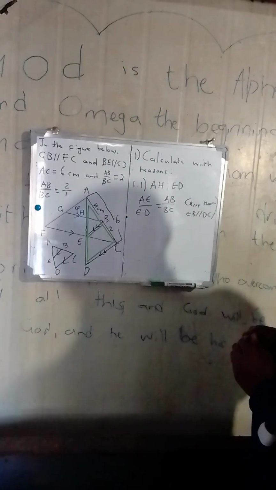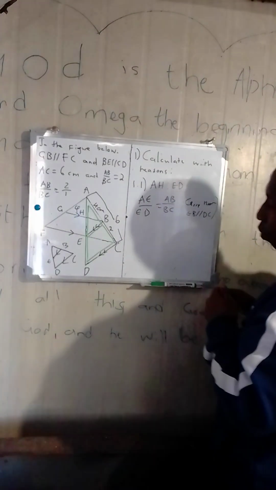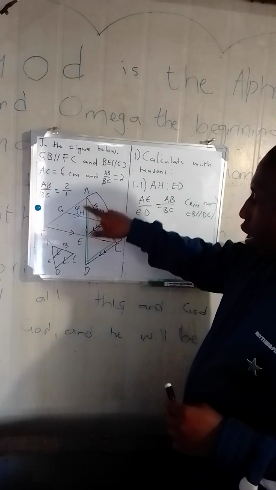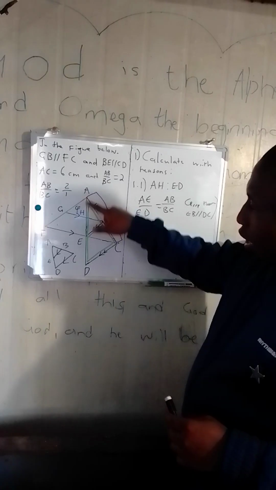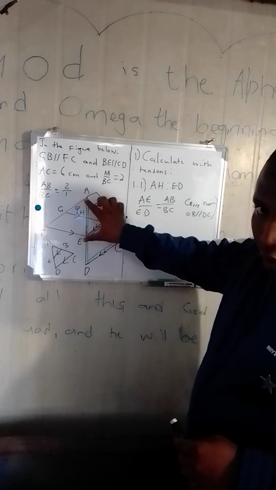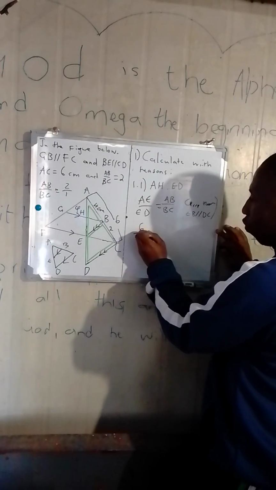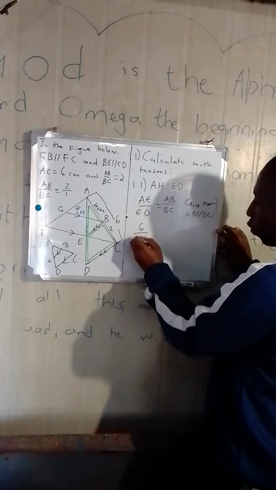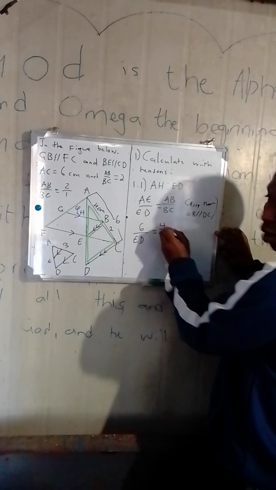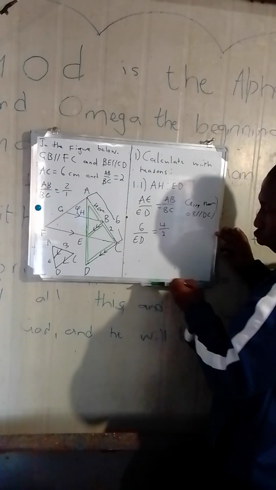Then what's my AE? Remember, on the previous working before I rubbed it out, I got the value of AE because AH over HE is 4 over 2. So AE is 6. So here I have 6 over ED, which is unknown, equals AB which is 4 over BC which is 2.